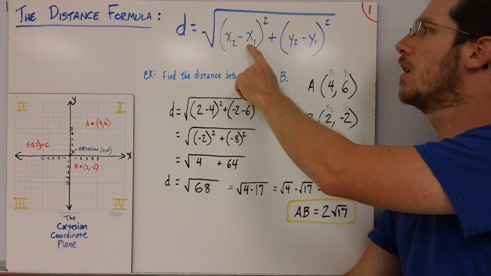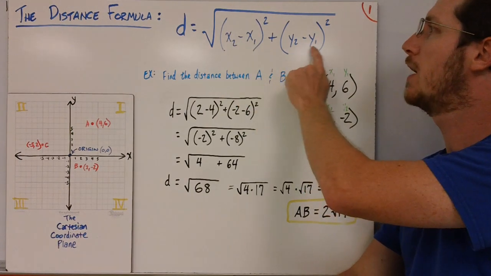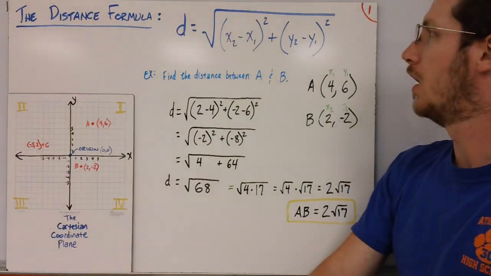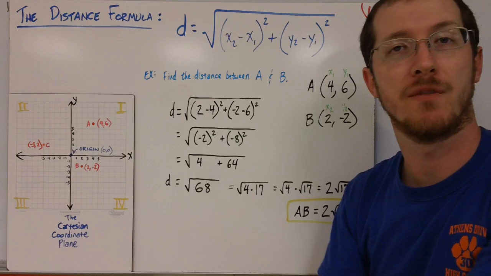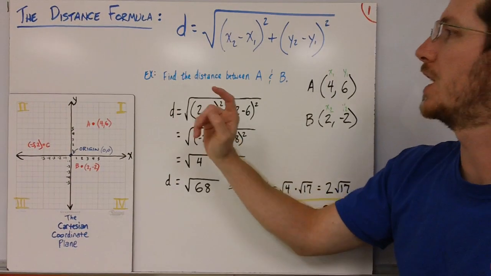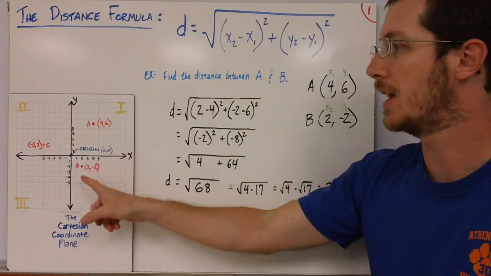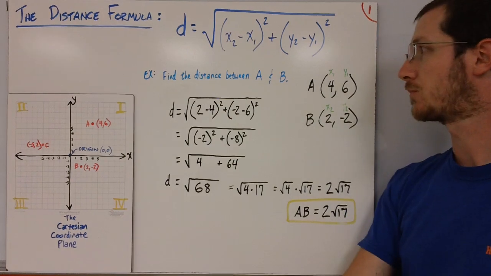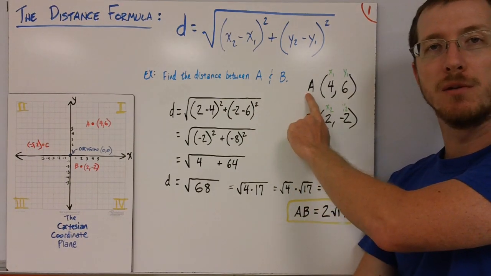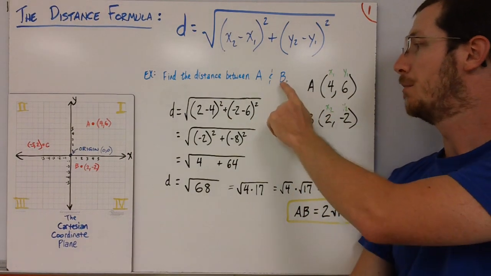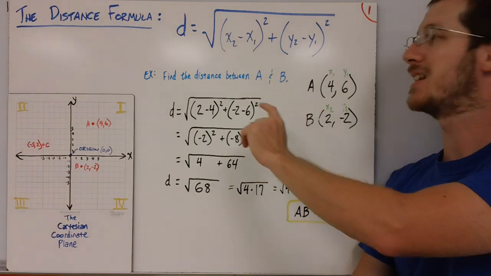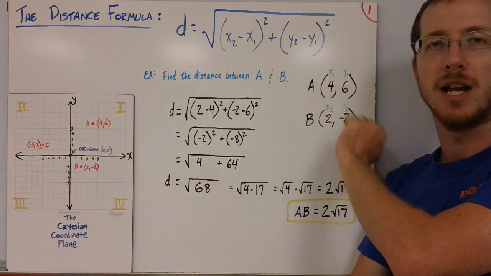First off, our x1, x2, y1, y2 come from the 2 points that we're trying to find the distance between. For example, if we want to find the distance between points A and B on our coordinate plane, we're going to take point A, which is at 4, 6, and point B, which is at 2, negative 2, and assign them these x and y values.